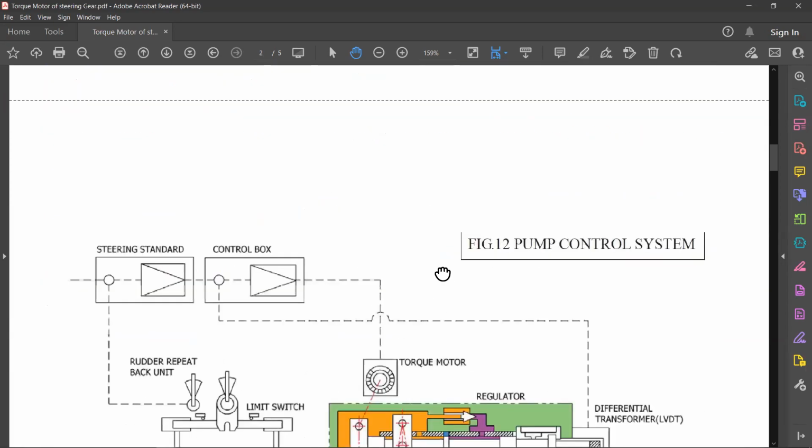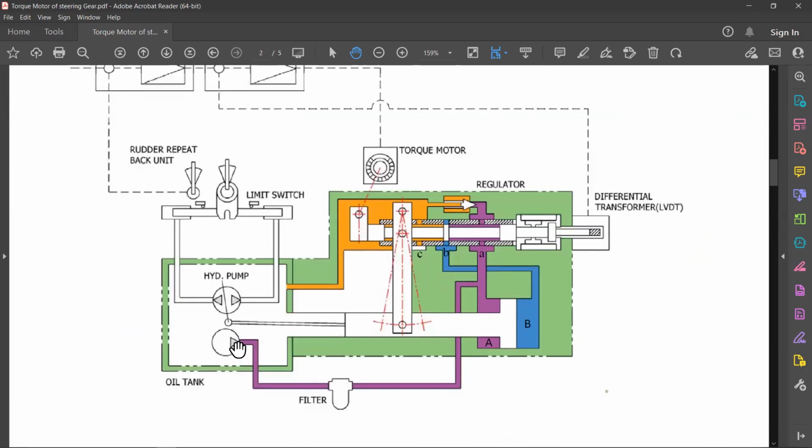So you see here, from the oil tank, the second filter is there, and it is either discharging to this side from the hydraulic piston side number A, and oil is going to this spool piston position number A. Now, if the movement of this entire thing goes inwards or outwards, the oil will move either to position number B also, or it will only come to position number A.